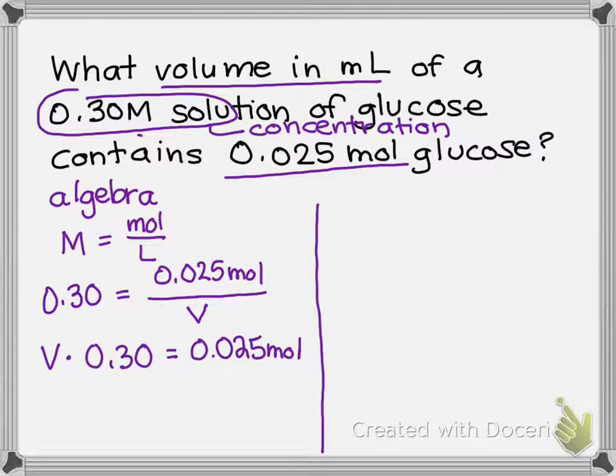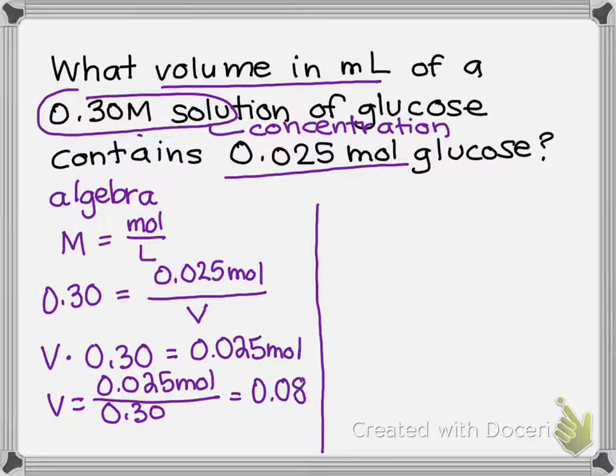And then I'll divide the 0.3 over, so I get 0.025 moles over 0.30. When I do that, 0.025 divided by 0.3, I get 0.08333. Now this is liters. Looking at the problem, it wants it in milliliters.